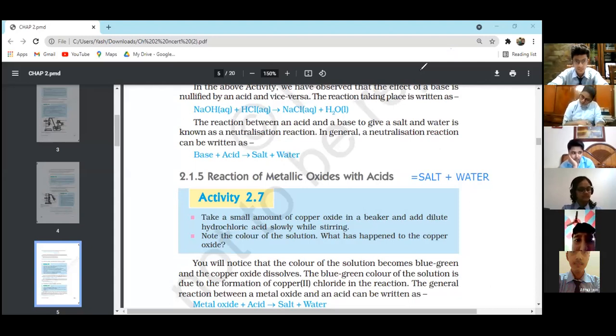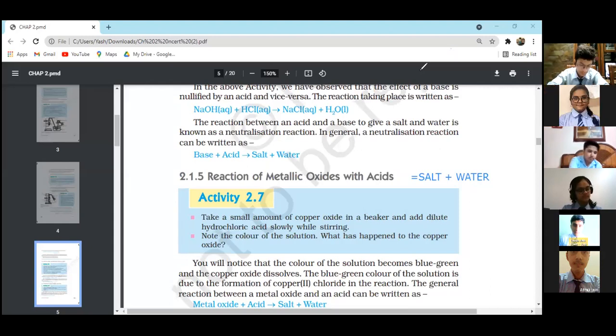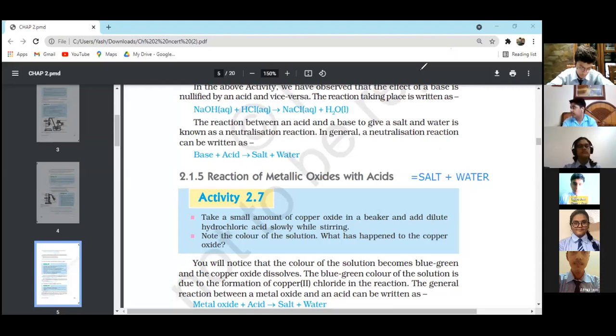Here you are learning one more thing in the activity: whenever acid is added to water or to a solid, you need to add it slowly, drop by drop. Why? Because acids are highly reactive.